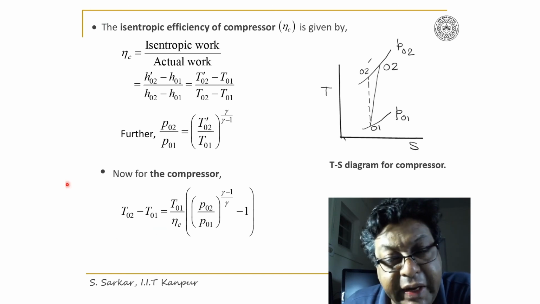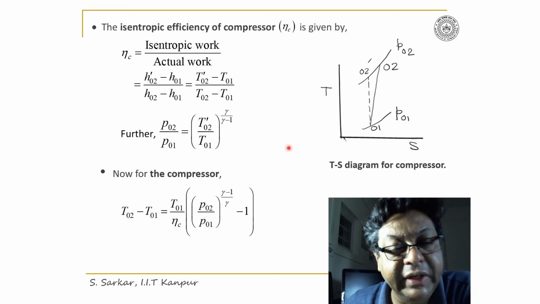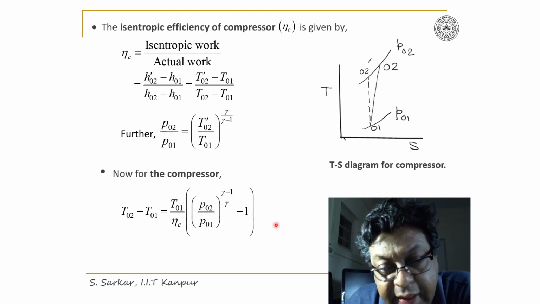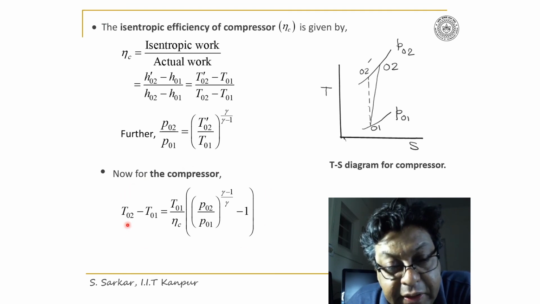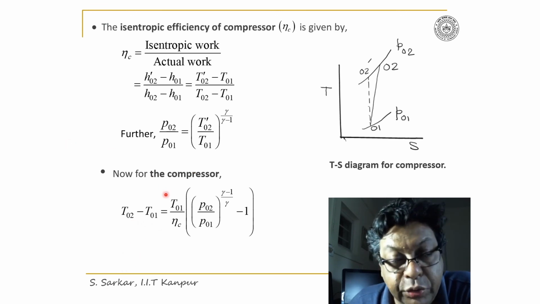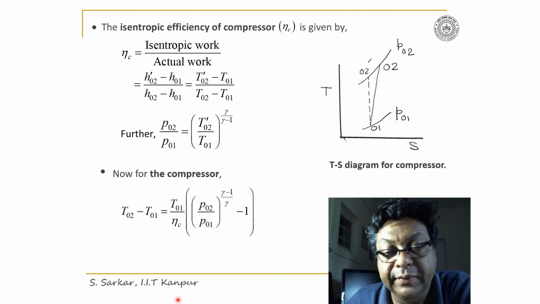So this you will get if you combine this relation with the definition of eta C. So this is the relation which tells us the actual temperature rise with respect to the inlet temperature, eta C, and pressure ratio.